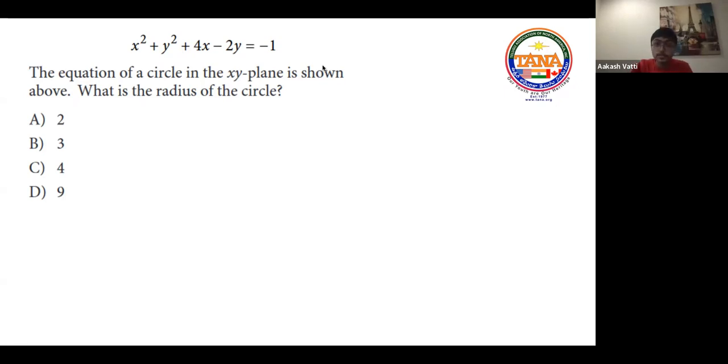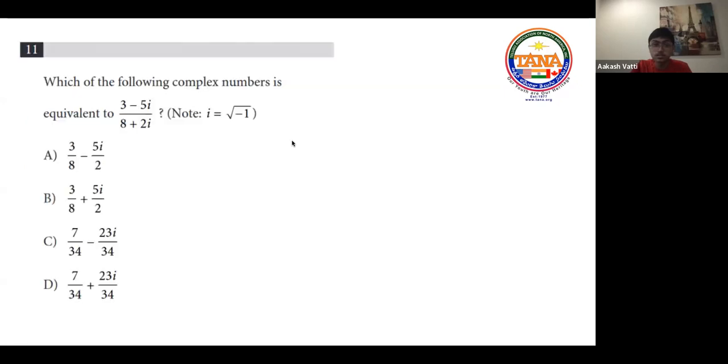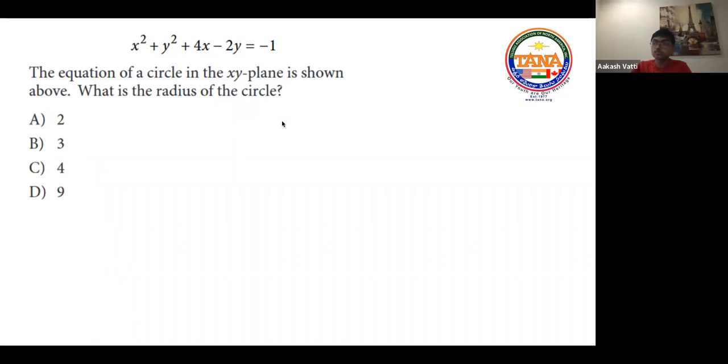The answer to the previous one is C. The answer is C. I mean, this one is completing the square. If you guys get this, that should be it for today.